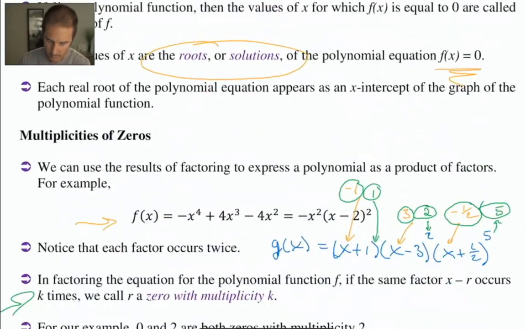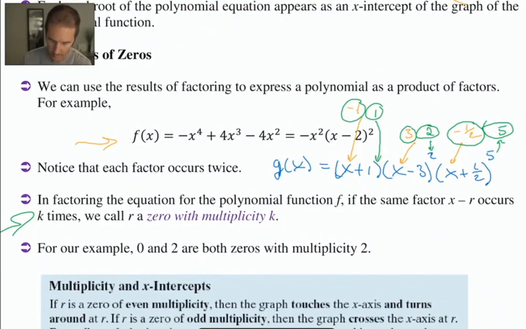Sorry, sometimes I put my hand down on the screen and it just starts moving around. This x value right here, if I plug 0 in there, the whole thing goes to 0. This x value right here, if I plug in a +2, the whole function goes to 0.